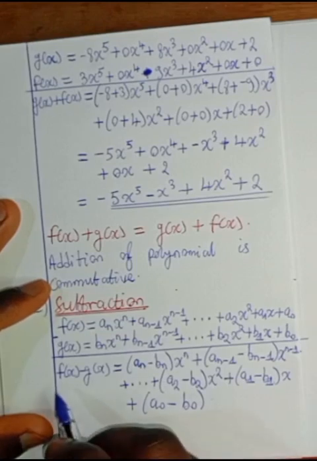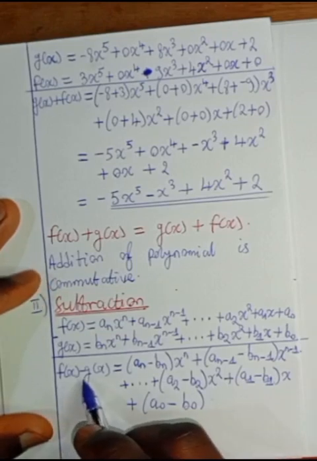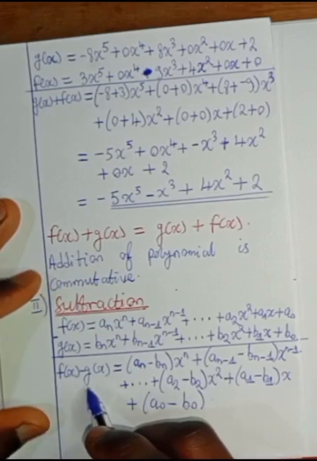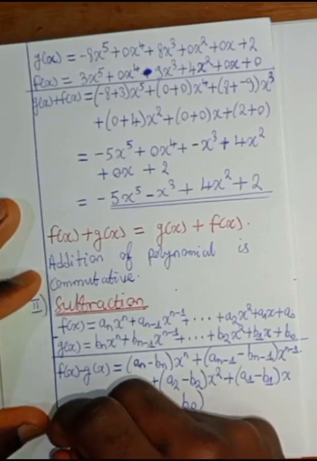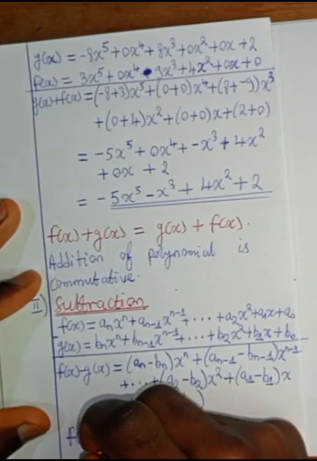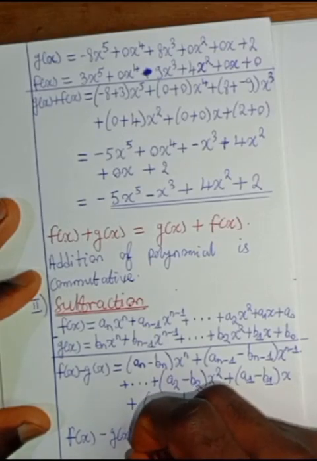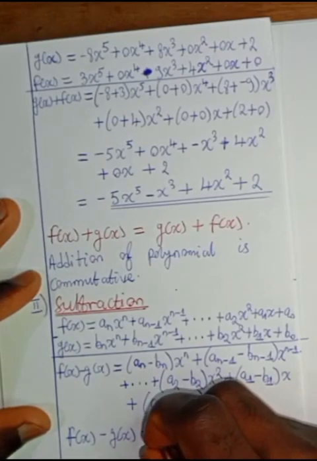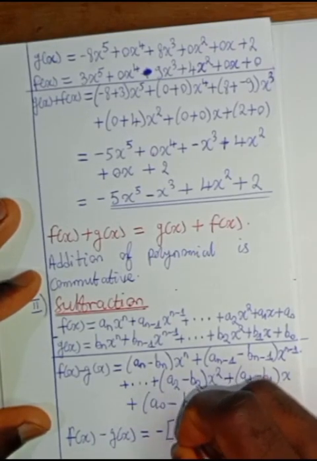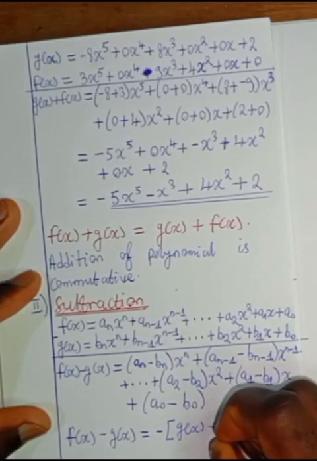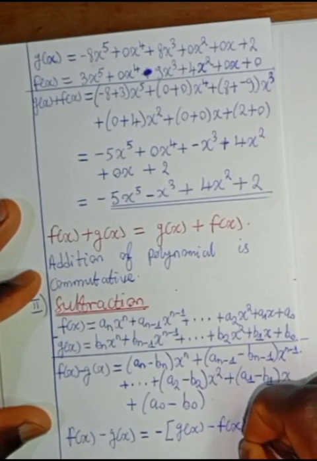So this is the polynomial f of x minus g of x. We know if you take f of x minus g of x, it is simply the same as negative 1 times g of x minus f of x.